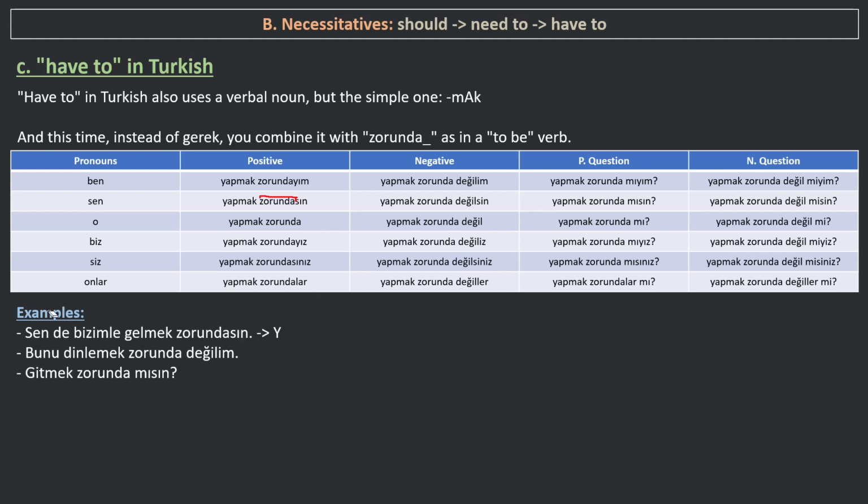We are talking about sen. Sen zorundasın. And you have to do what? Gelmek zorundasın. You have to come, okay. And with whom? You have to come with us. Bizimle gelmek zorundasın. And even if this is in the first part of the sentence, it's simply too in English. You have to come with us too, or you have to come with us as well.